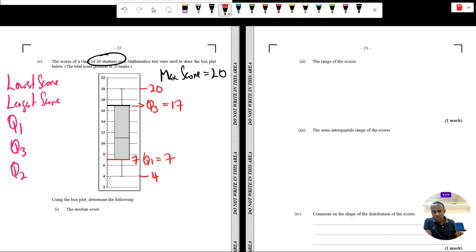Now what about the median? The median, or Q2, which would be right here, well, almost, I think I missed it a little bit.